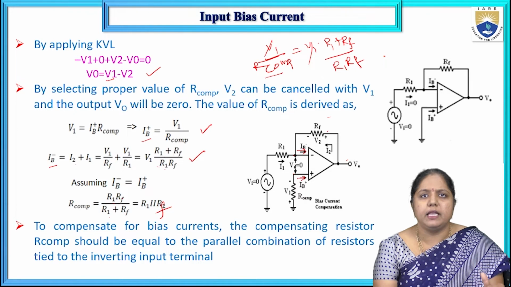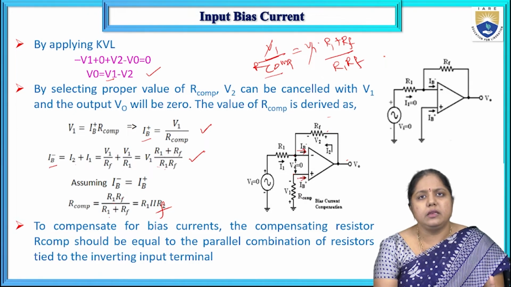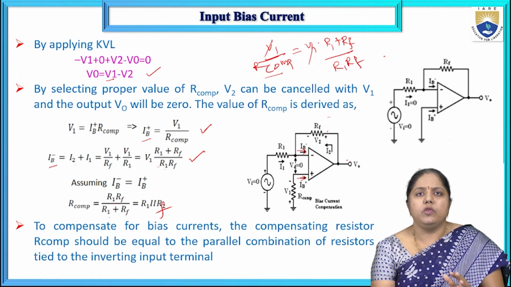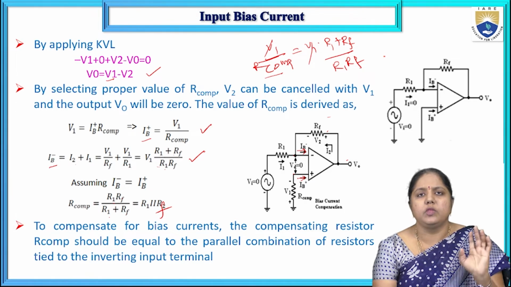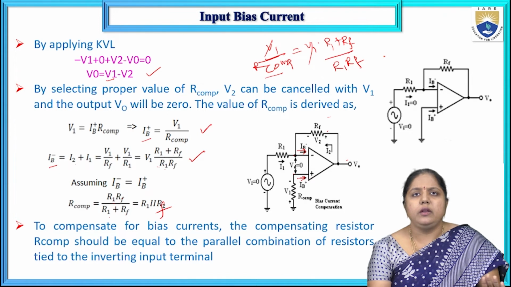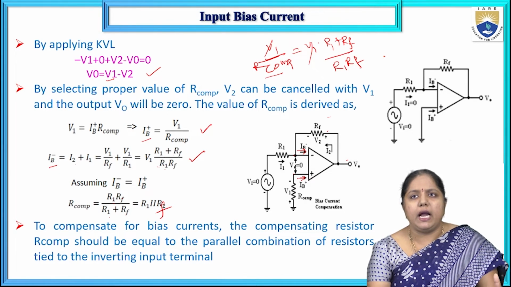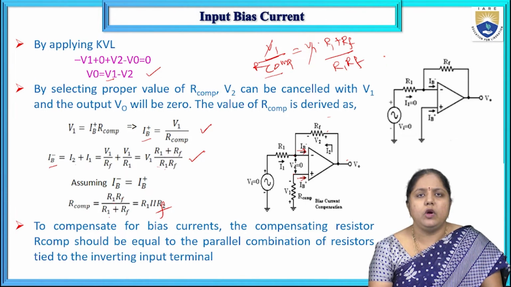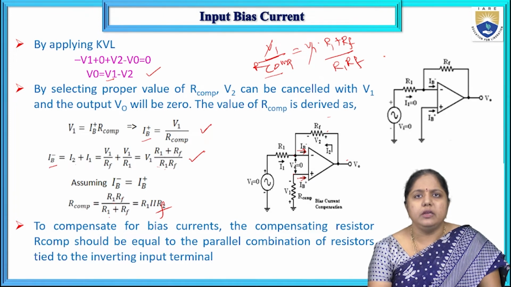Due to the input bias current, with the AC signal equal to 0, I get an output offset voltage, not an output voltage. To compensate that output offset voltage, I have added one resistance at the non-inverting terminal of the op-amp. That resistance is called the R compensation resistor.